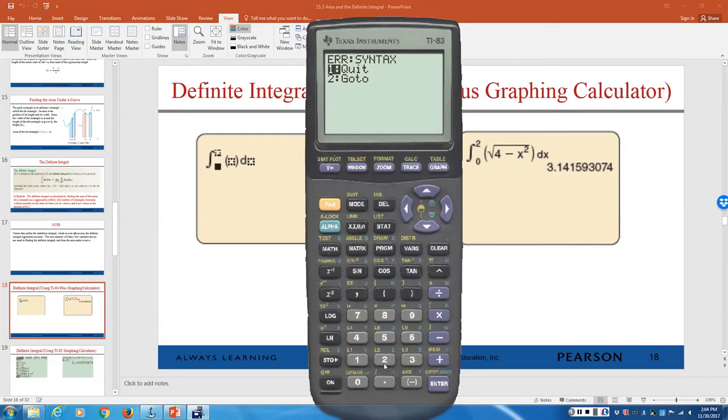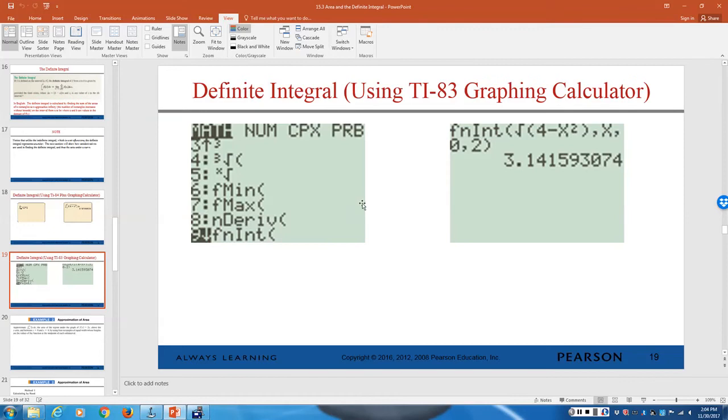Yeah, I put them in the wrong order. So you enter your constants first, I think. Let's see if this does it. Okay, the limits go at the end.